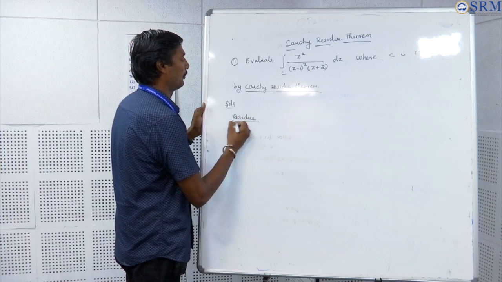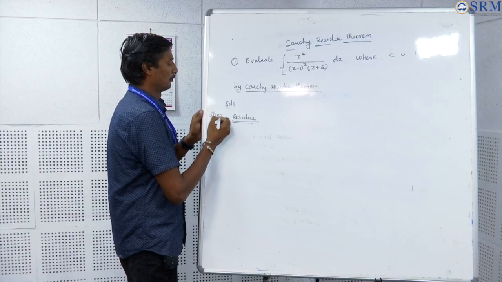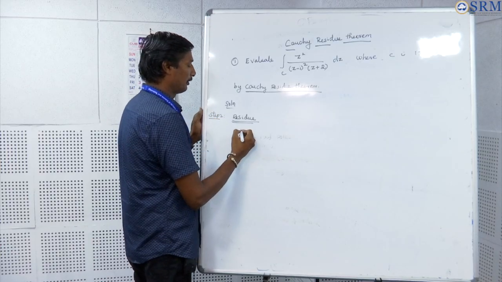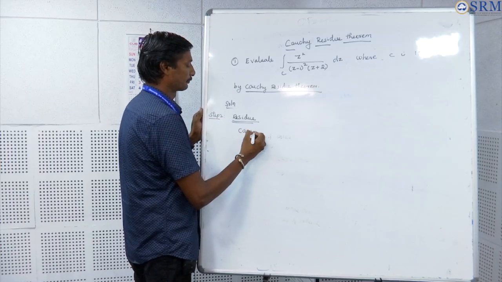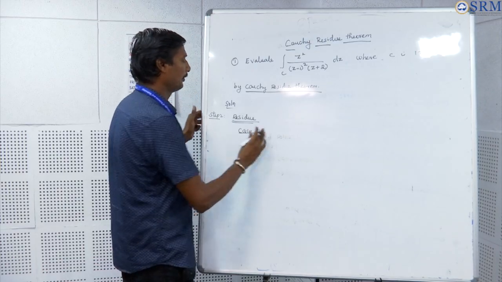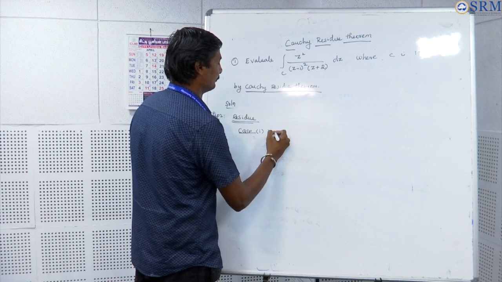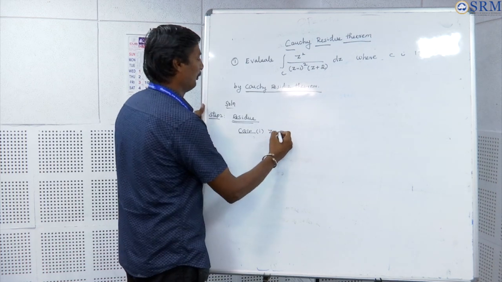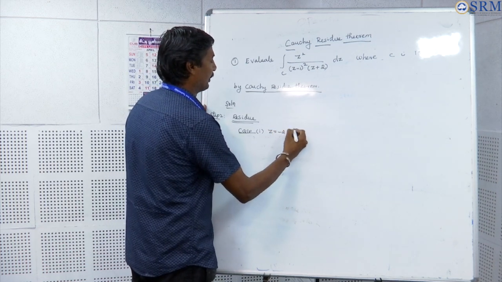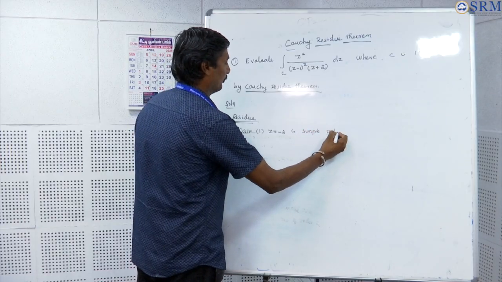To find residues, step 2. Case 1: the point z equal to minus 2 is a simple pole.